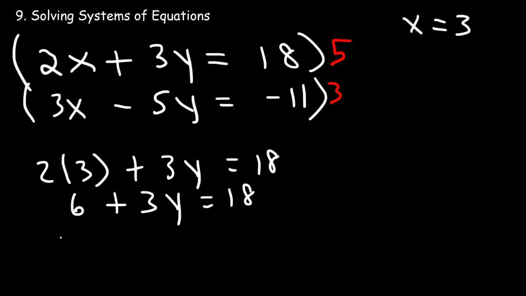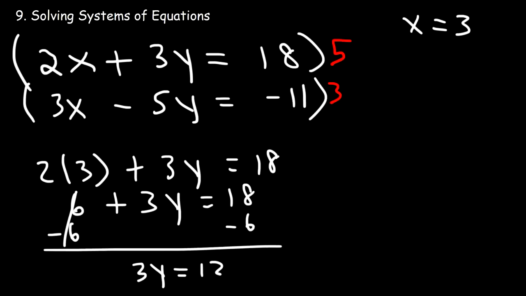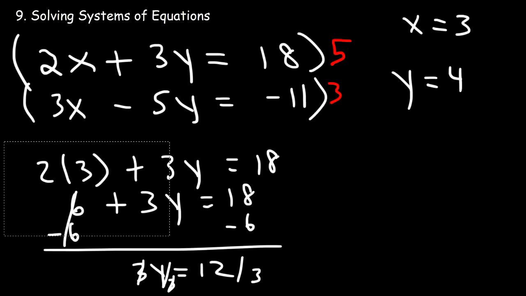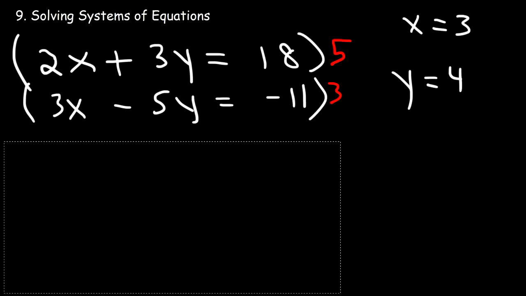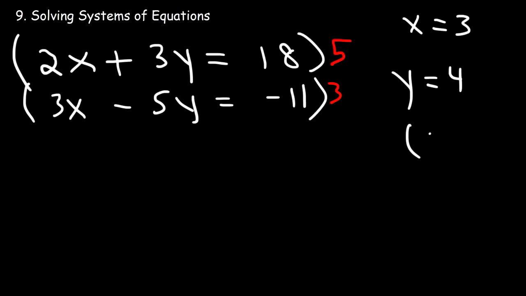And now let's subtract both sides by 6. 18 minus 6 is 12. Now, if we divide both sides by 3, 12 divided by 3 is 4. So y is equal to 4. So our answer is 3 comma 4, x comma y.